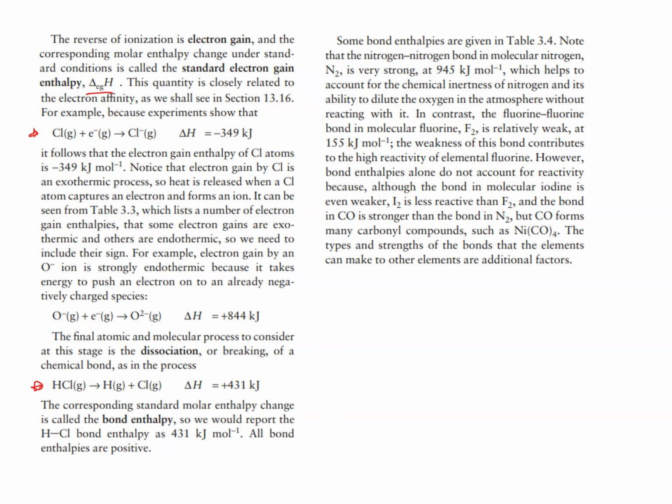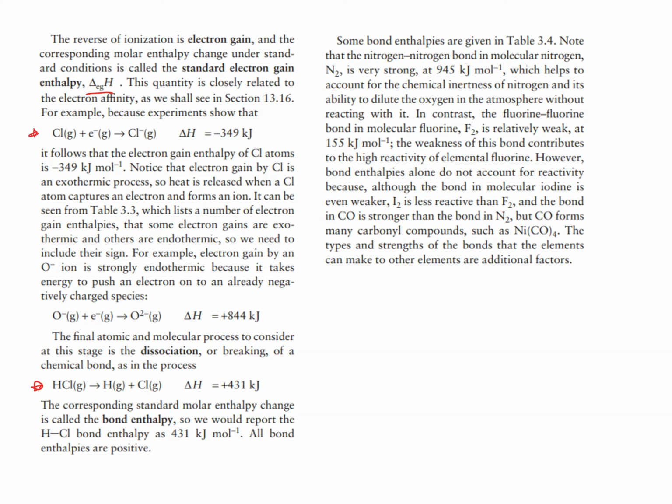However, bond enthalpies alone don't account for reactivity because although the bond in molecular iodine is even weaker, I2 is less reactive than F2, and the bond in carbon monoxide is stronger than the bond in nitrogen gas. But CO forms many carbonyl compounds readily, unlike nitrogen gas, which is highly inert.